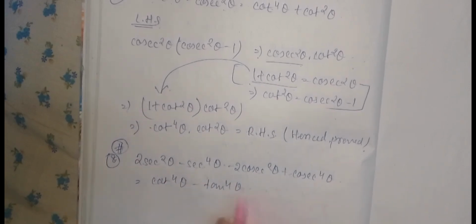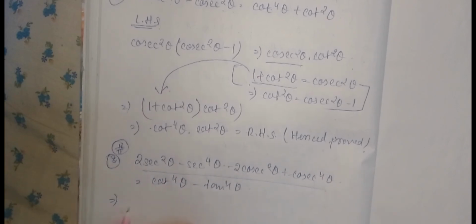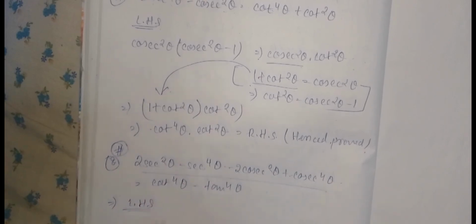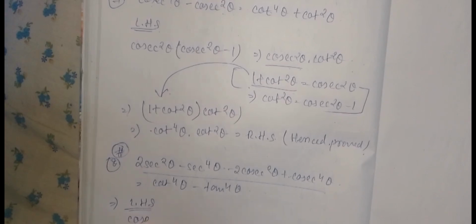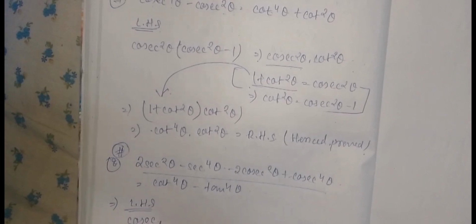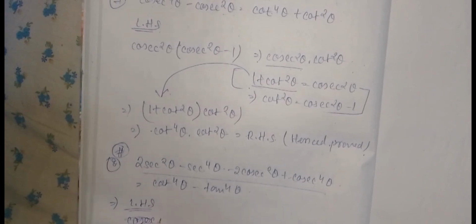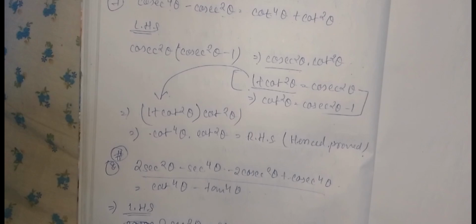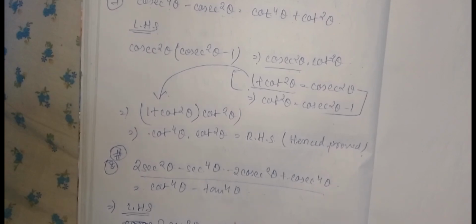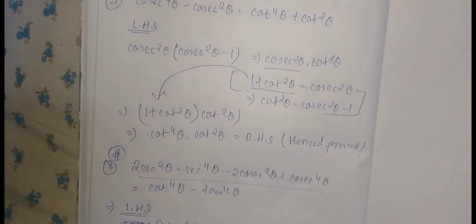After looking at this sum, we will start with the left hand side. LHS is given as 2 sec square theta minus sec to the power 4 theta minus 2 cosec square theta plus cosec to the power 4 theta.